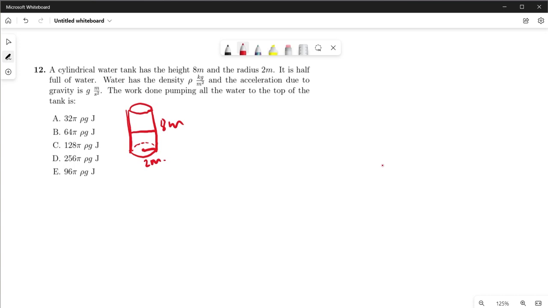So that would be 4 meters here if I say the bottom is at 0, right? And then I can say this is the height, y or h or anything.